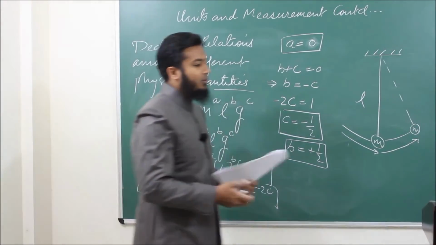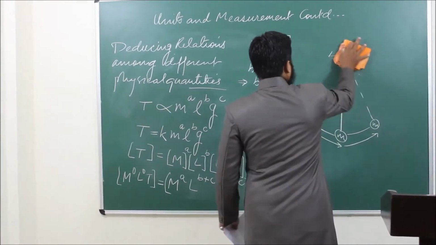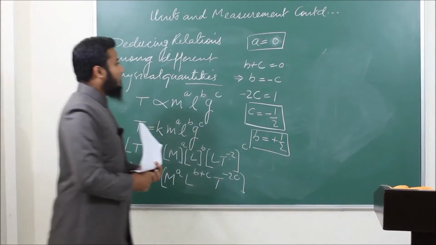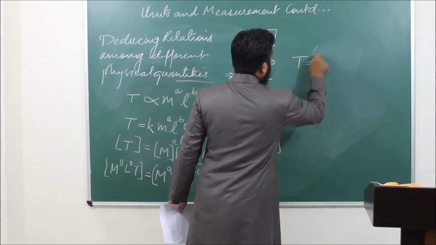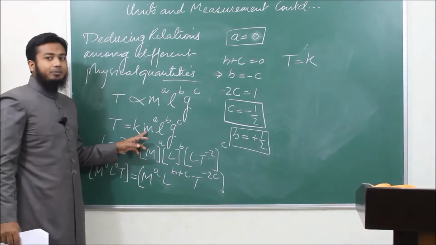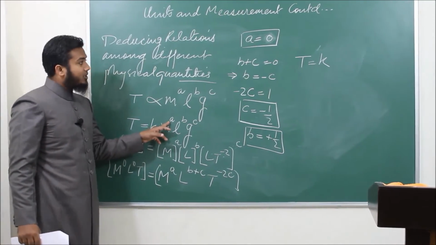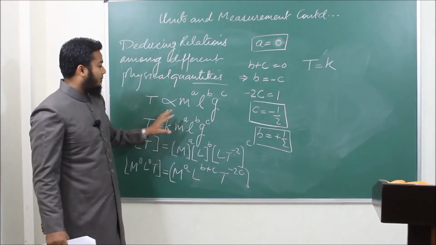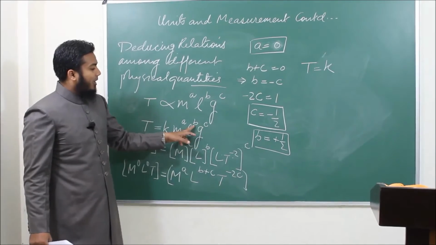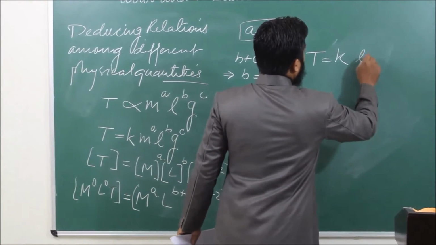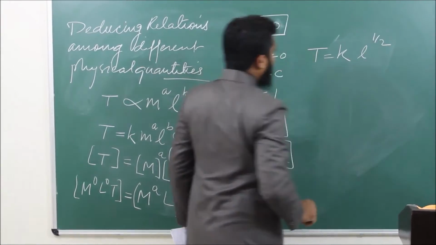Now I can put these values back in this equation here. So T will now look like k, the constant, and M has dimensions a, and a is 0. That means M will not appear in this formula. And length to the power b, b has value plus half, so L to the power 1 over 2.